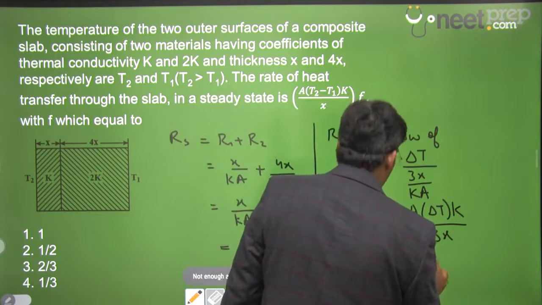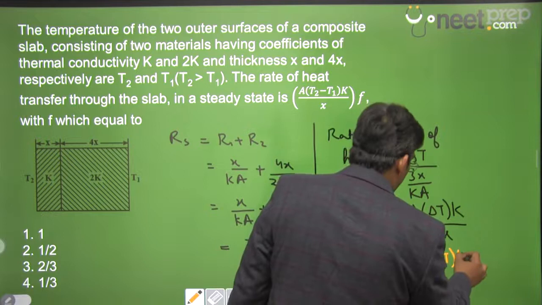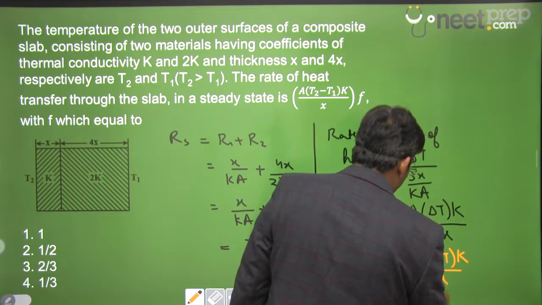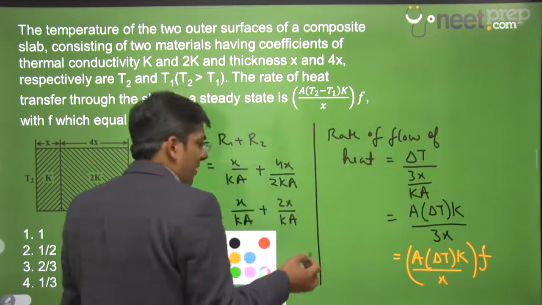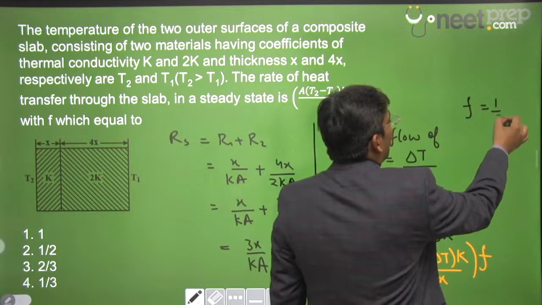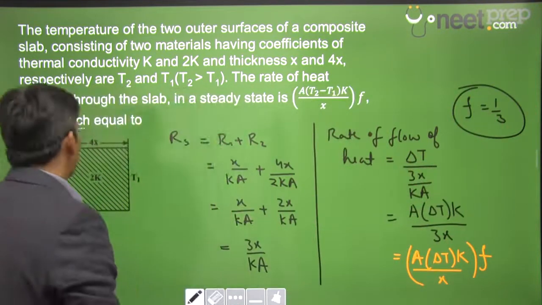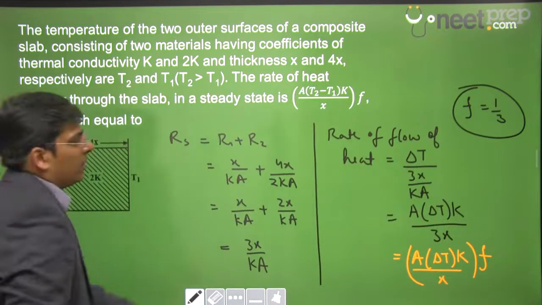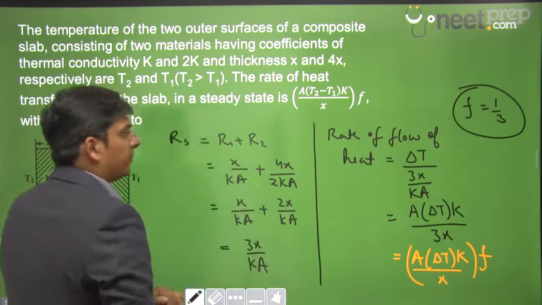So it is A delta T into K by X into f, right? Usually we write f as degrees of freedom, so I just said degrees of freedom, but small f is some constant, and its value is 1 by 3. We wanted to find the value of small f.